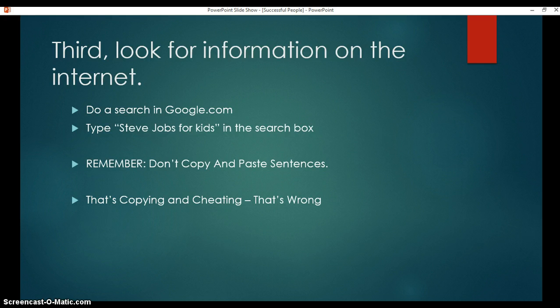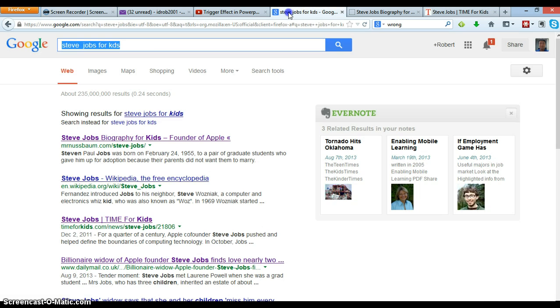Now, remember, when you get information on the internet, don't copy and paste sentences. That's copying and cheating, and that's wrong. So what I mean by that is, let's say, for example, I went to the internet, and here's the search box, and I type Steve Jobs for kids, and then I click search. So I get a lot of different information about Steve Jobs.